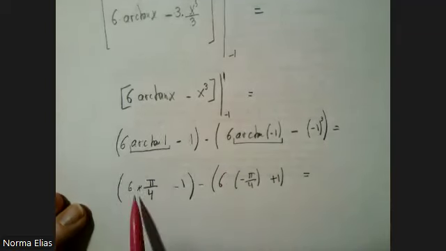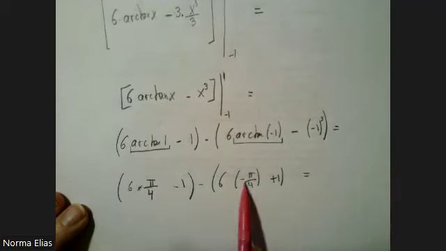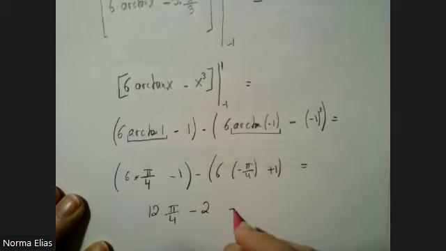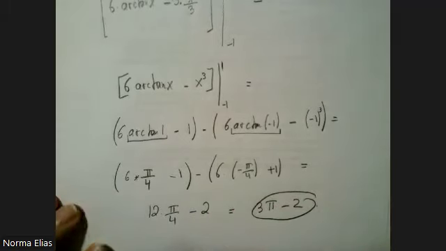So finally I get 6 pi over 4 plus 6 pi over 4, which gives me 12 pi over 4, minus 1 minus 1, minus 2, which leaves me with 3 pi minus 2. End of the problem. Okay. I'm going to do one more problem and then we proceed.